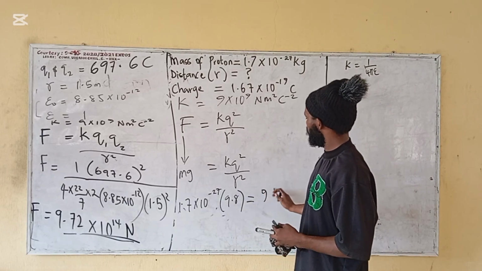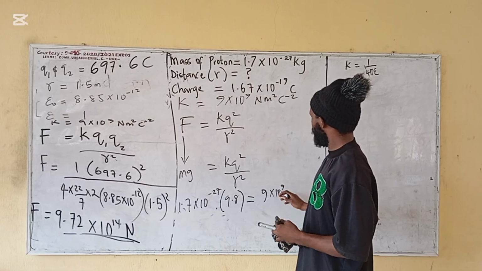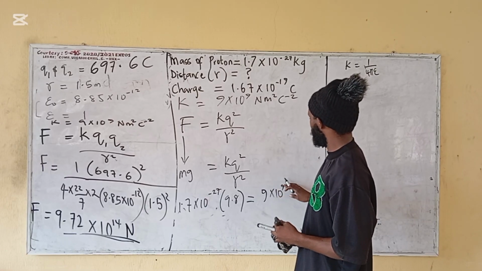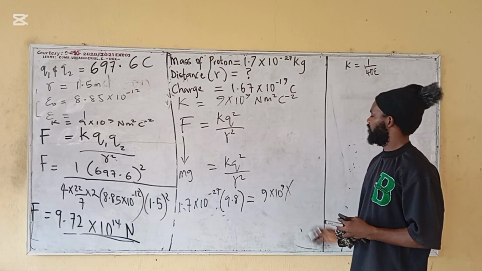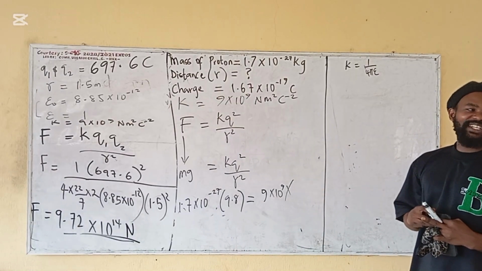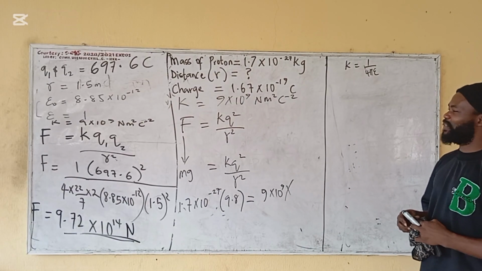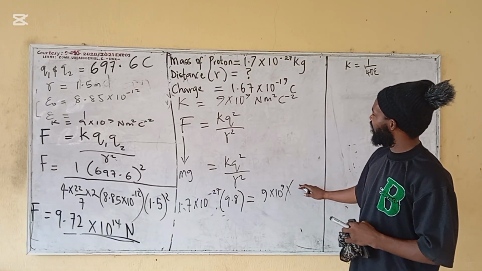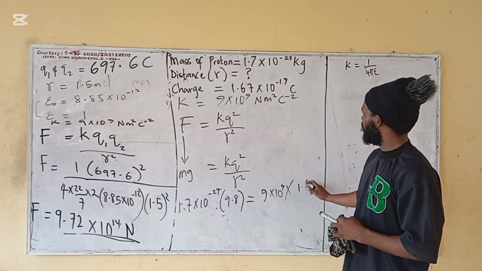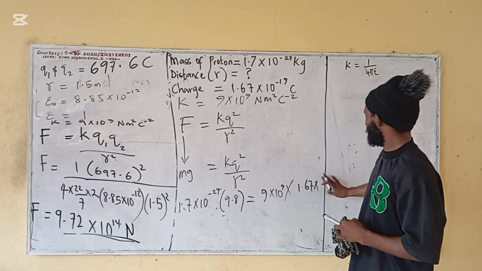I have 9 times 10. I know that this semester physics will be much better than first semester, I swear. Yes, this one is straightforward. This semester is very straightforward. So I have my Q, which is 1.67 times.